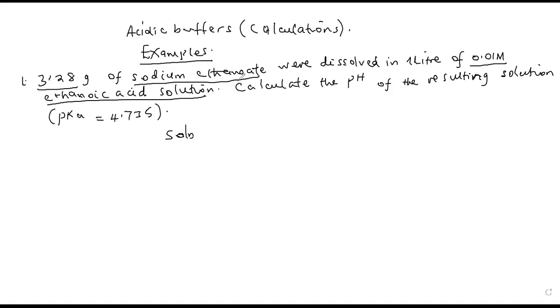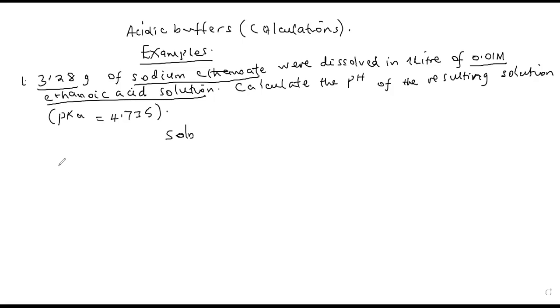We are given sodium ethanoate and ethanoic acid, and as a reminder, they constitute an acidic buffer. The reason is that ethanoic acid is a weak acid and sodium ethanoate is a salt of a weak acid. Therefore, to calculate this, we shall substitute in the Henderson-Hasselbalch equation that we derived in our previous video.